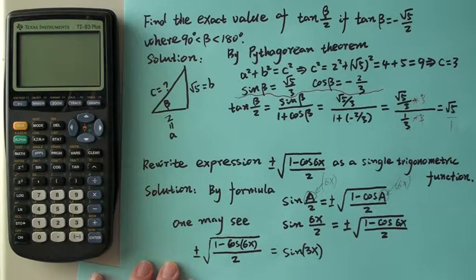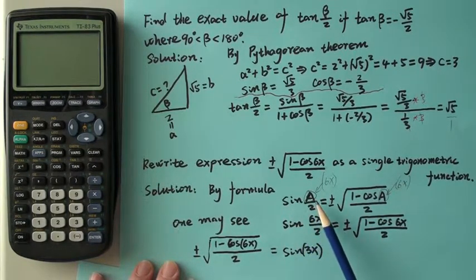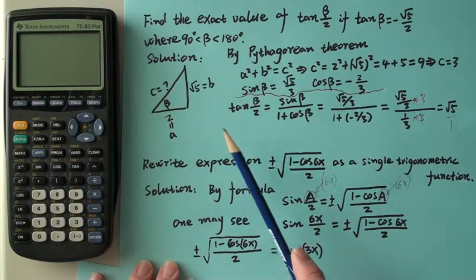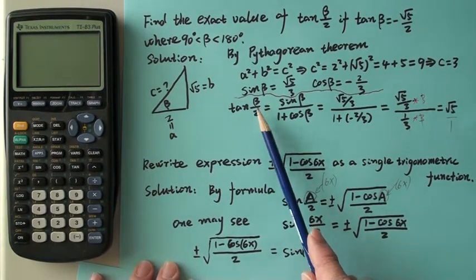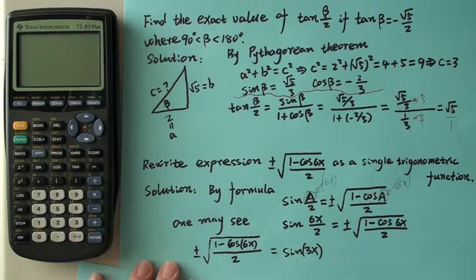Okay, so basically here we have applied two half angle formulas. One is sine half angle A, another is tangent half angle beta. Okay, see you next time.